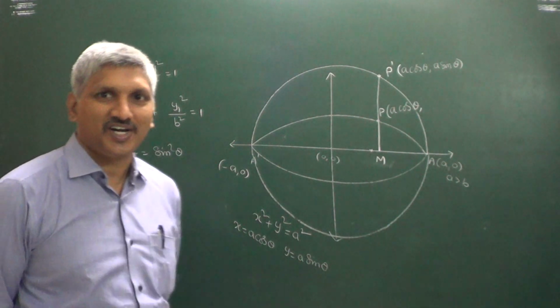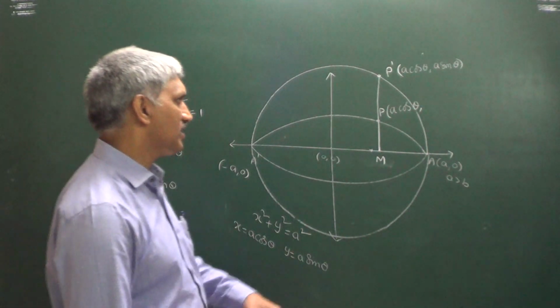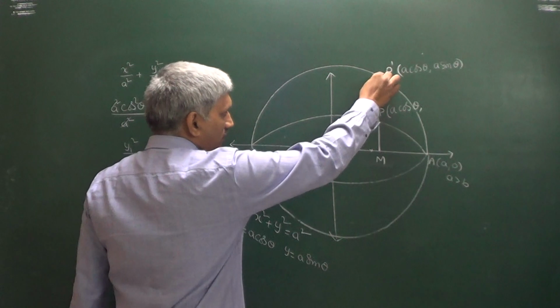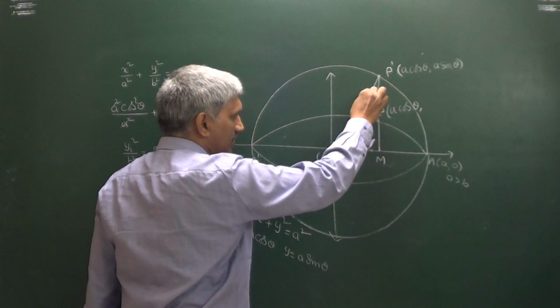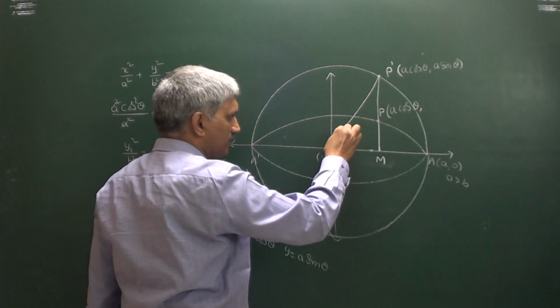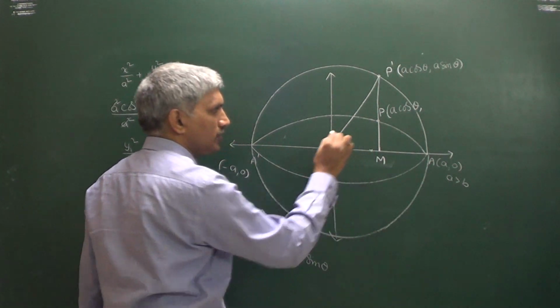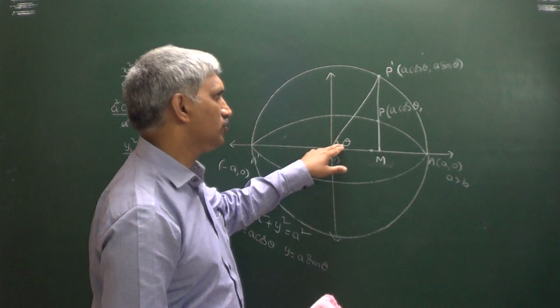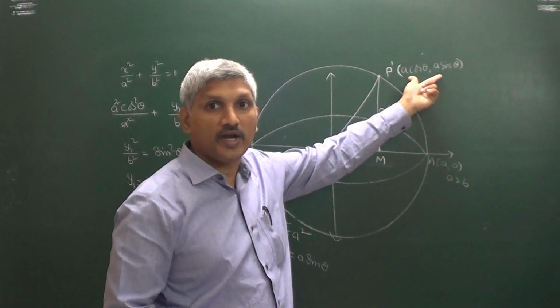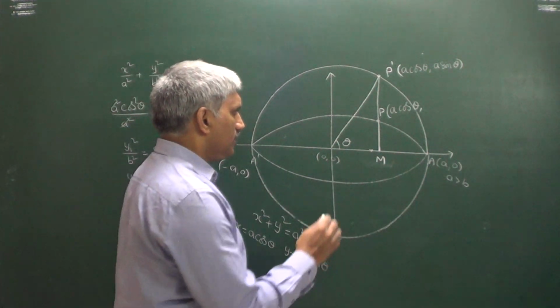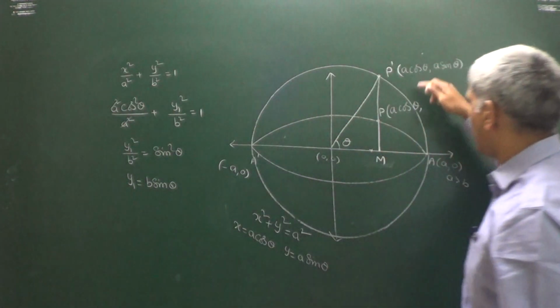So what is theta here? Because here there is a point a cos theta comma a sin theta, now this one we are connecting with the center of the ellipse and the center of the circle. This angle is equal to theta. When this angle is equal to theta, we call these points a cos theta comma a sin theta. Here the x coordinate we already got, a cos theta.